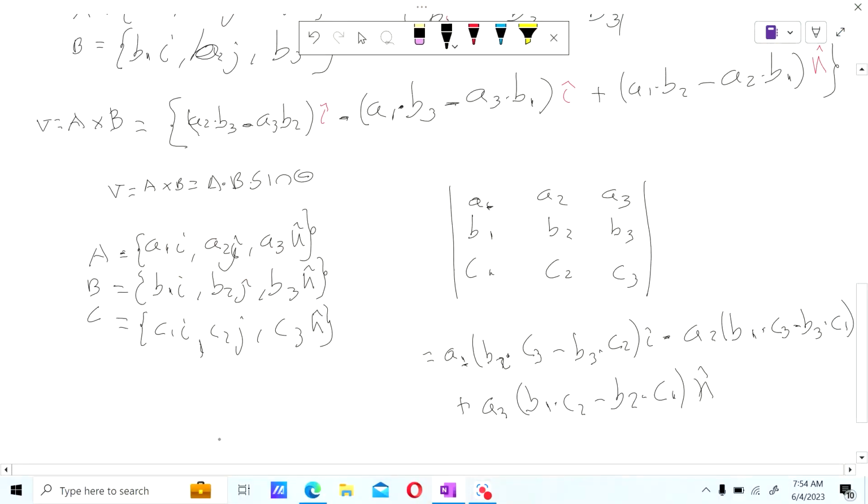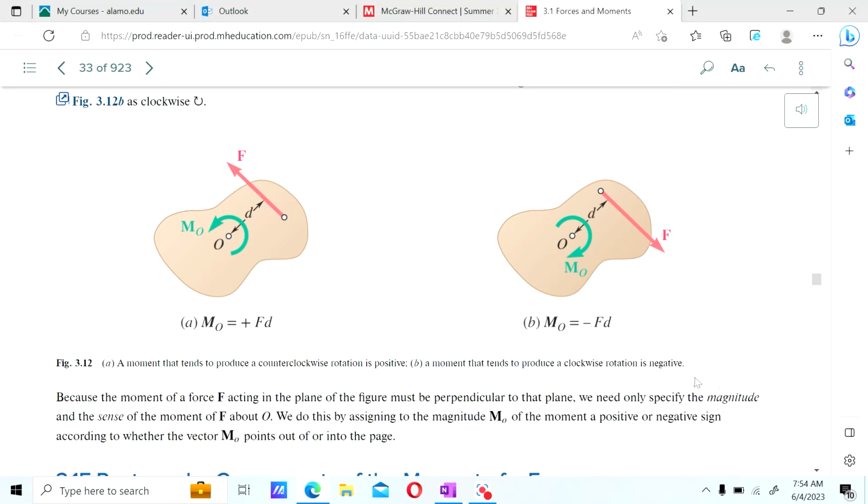Meaning that if you apply a force to a wrench or a screwdriver or whatever, and it's rotating clockwise, this force is a negative moment. If it's rotating counterclockwise, that's a positive moment. Okay.